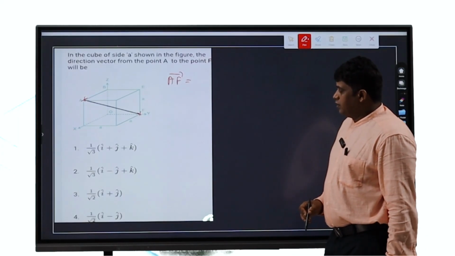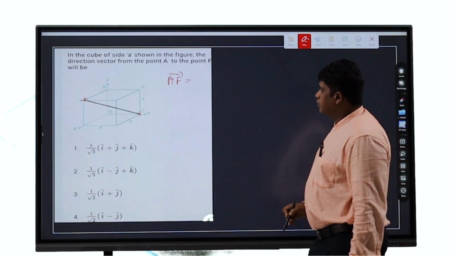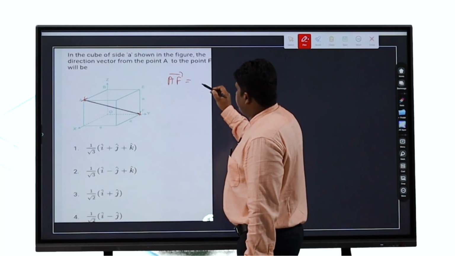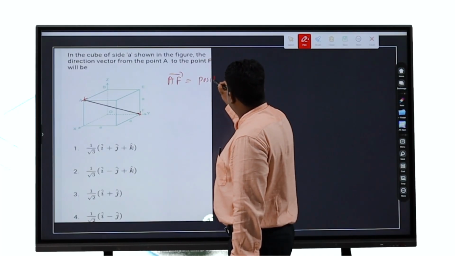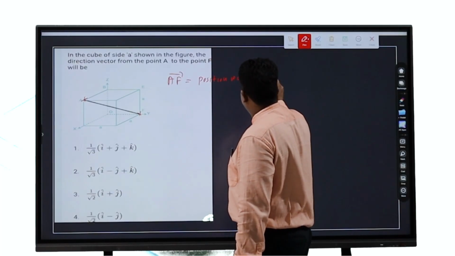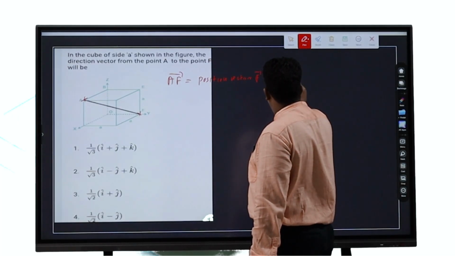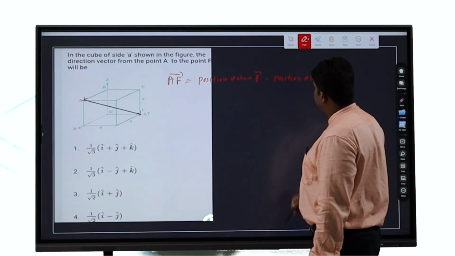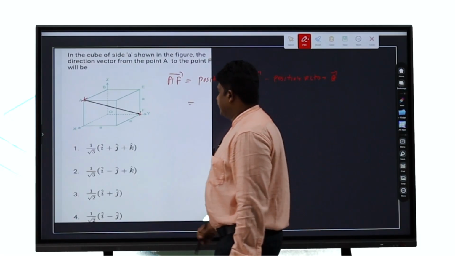What is the AF vector? How can we find it? AF vector is the position vector of F minus the position vector of A. Then the point E, and what is this point?